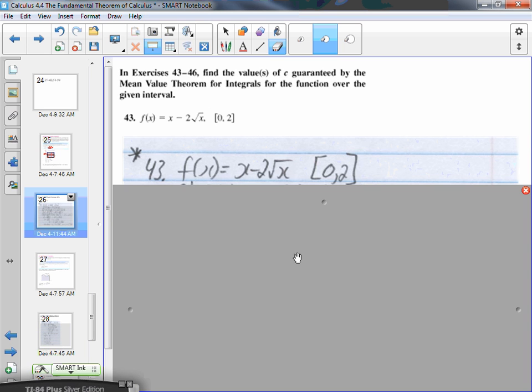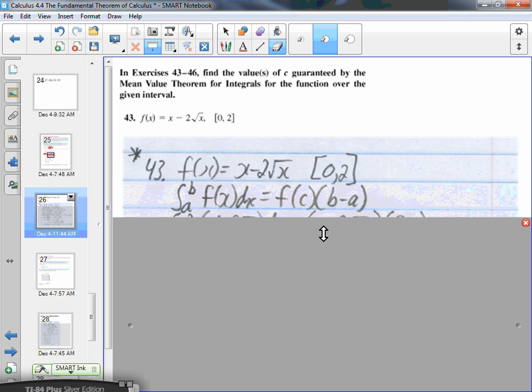The mean value theorem for integrals says that the integral from a to b of f of x dx equals f of c times the quantity b minus a. We know everything except c. All right? Well, I'll take that back.